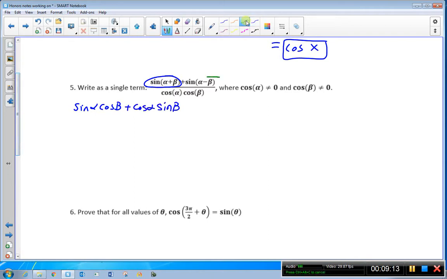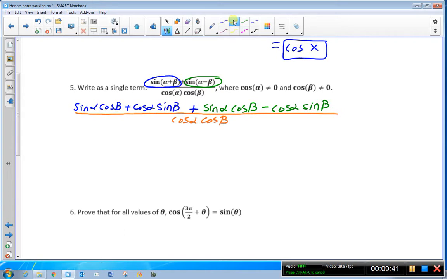Let's get the one for that. So that's plus sine alpha minus beta. That's sine alpha cosine beta minus cosine alpha sine beta. All right, and then for my denominator, I just have cosine alpha cosine beta.